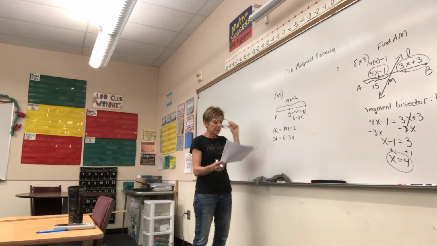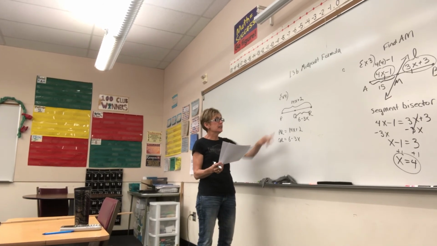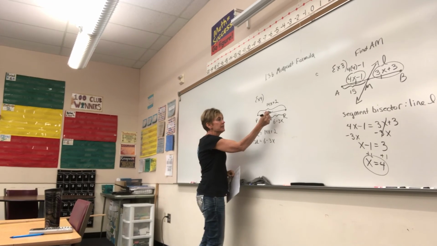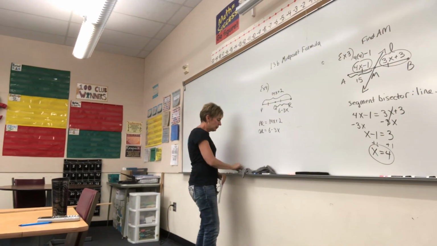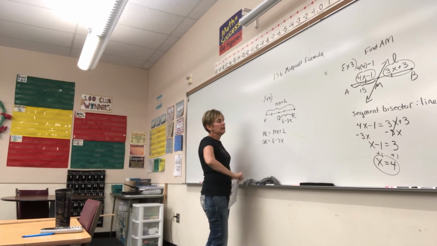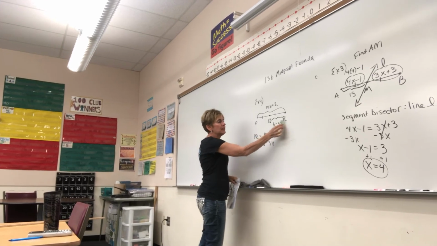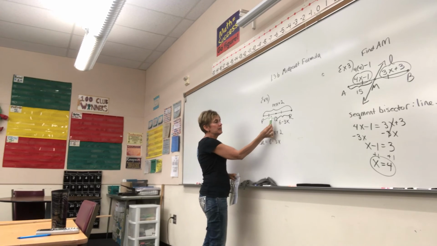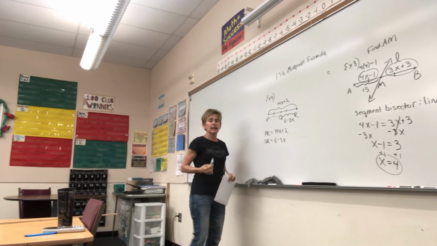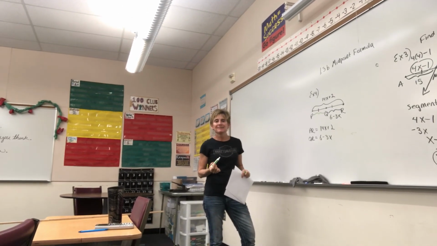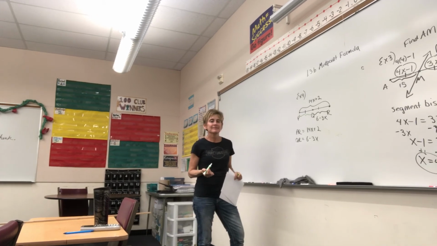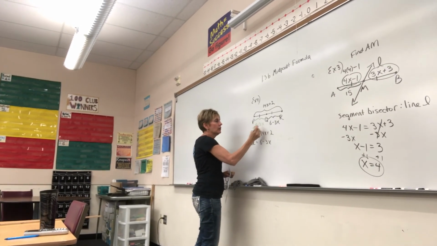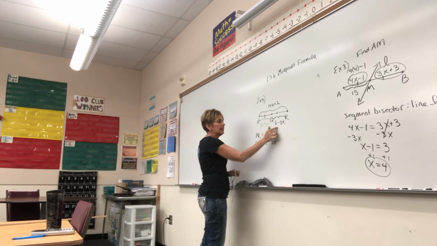If this segment is bisected, in other words, if Q is in the middle, then I know that each of these halves is the same length. So can you think for a minute and tell me, if the distance from the middle to the end is 6 minus 3x, what does the distance from the middle to the other end have to be? It also has to be 6 minus 3x, right? So we know these two lengths are the same.